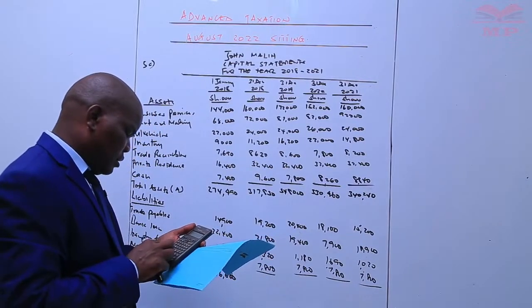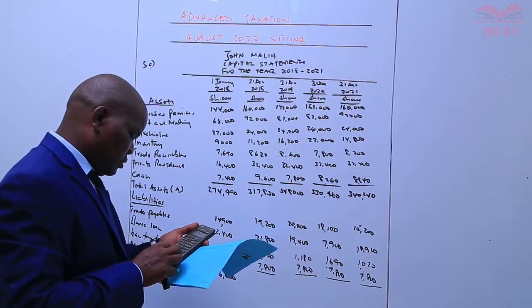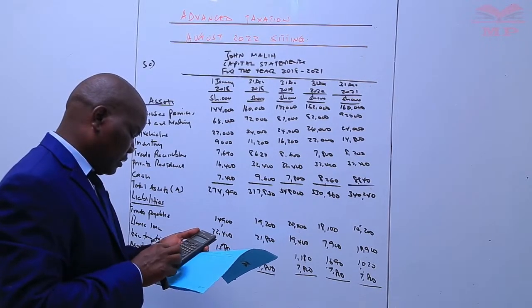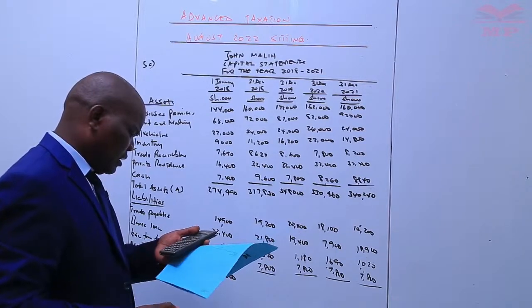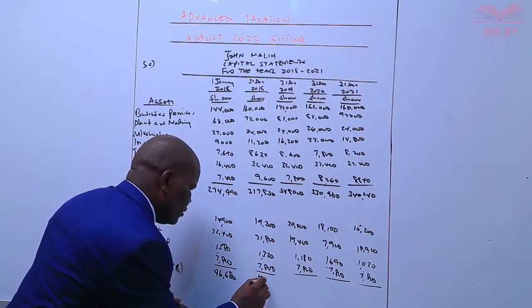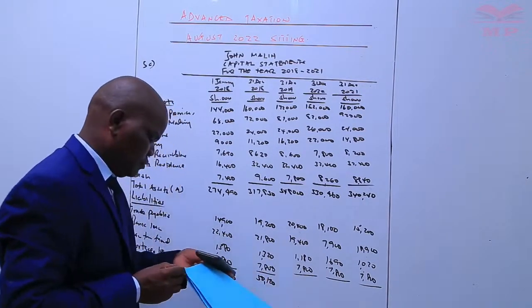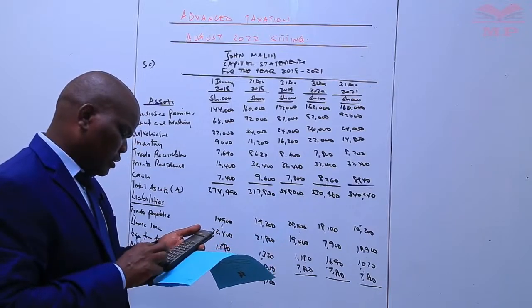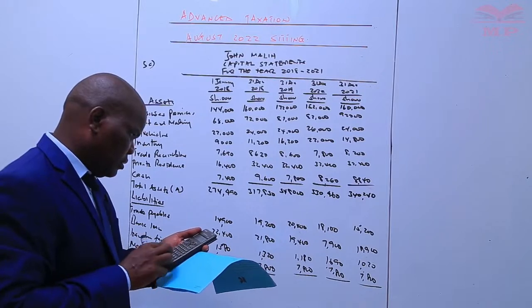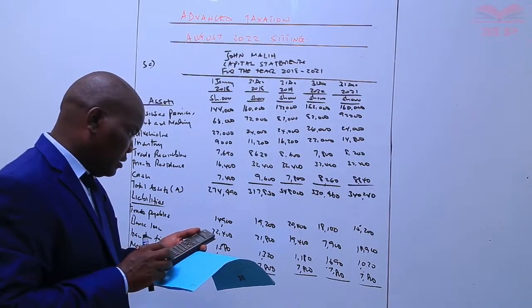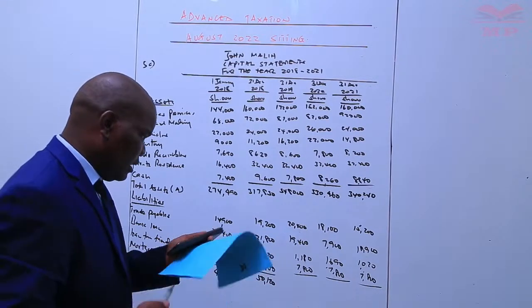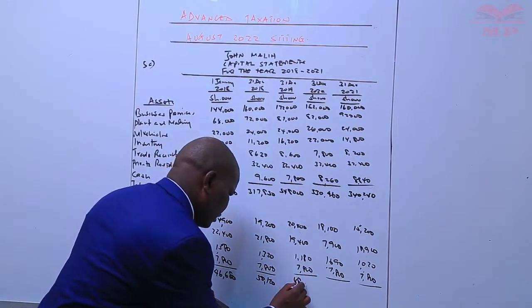Next, 19,200, 21,800, 1320, and 7,800. I get 50,120. Next, 20,400, 19,400, 1180, and 7,800. I get 48,780.